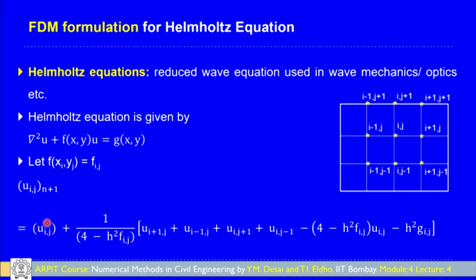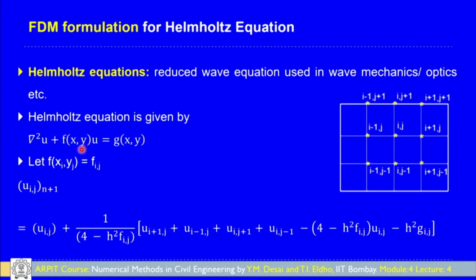We can put it like this: u i j n plus 1 is equal to u i j plus 1 by 4 of u i plus 1 j plus u i minus 1 j plus u i j plus 1 plus u i j minus 1 minus 4 h square in bracket f i j into u i j, minus h square g i j.